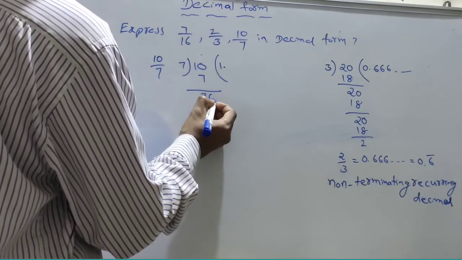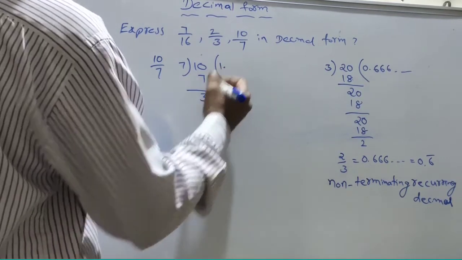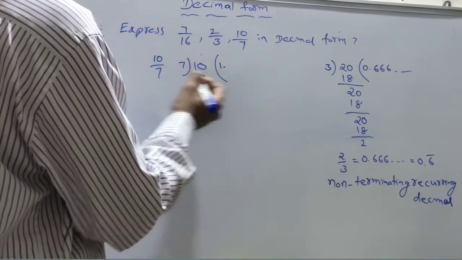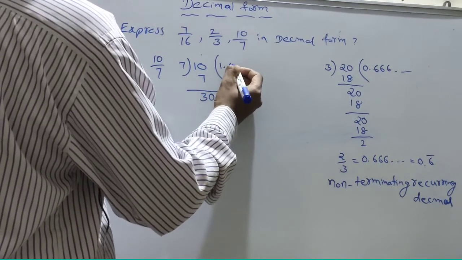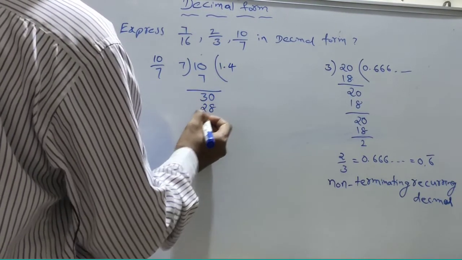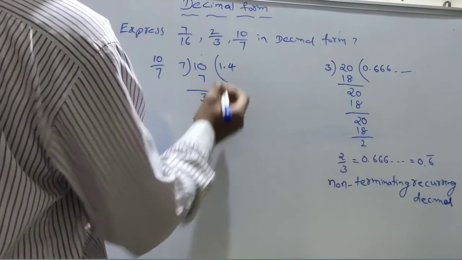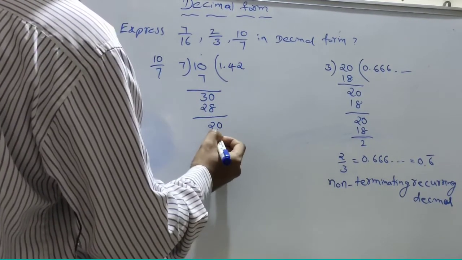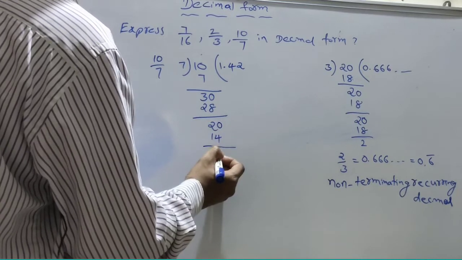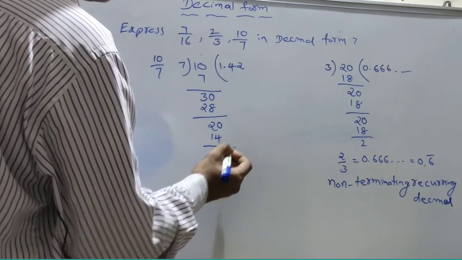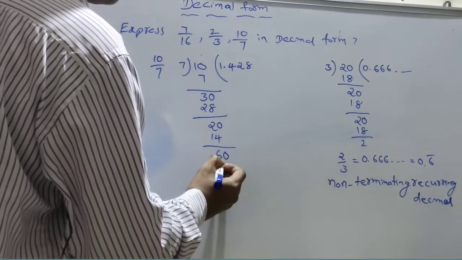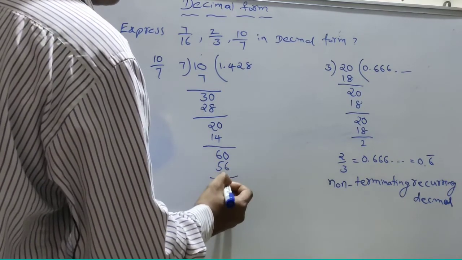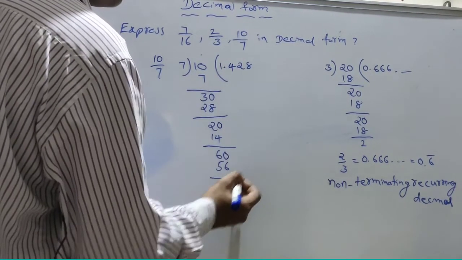So 30, in how many times will it go? 4 times. 7 4s are 28. Again 2 remainder, point is also there, 20, and 7 2s are 14. 20 minus 14 is 6, already point is there, 0. 7 8s are 56, 4, already point is there, 0.